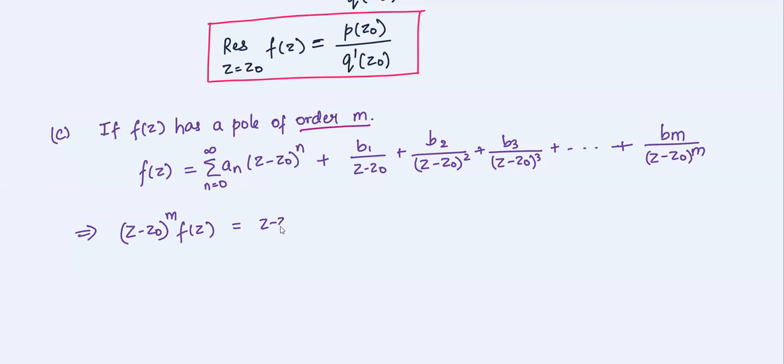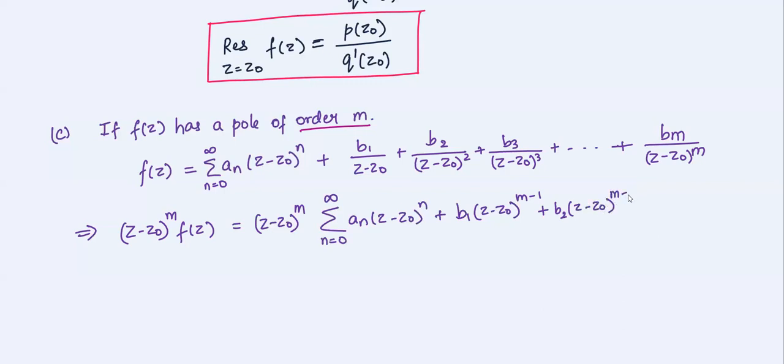Each term of the Taylor series will be multiplied by this factor, which means the power of z minus z naught will increase in all the terms. Now here we get b1 into z minus z naught to the power m minus 1 plus b2 z minus z naught to the power m minus 2, and so on, plus bm.